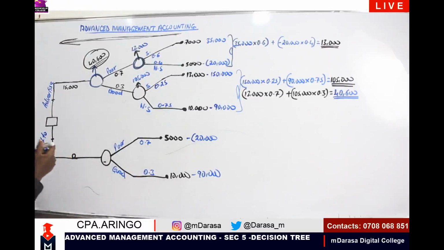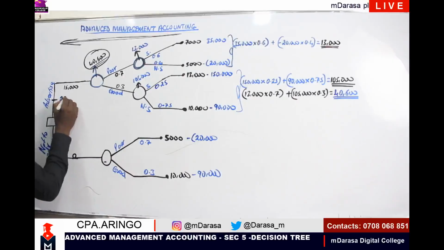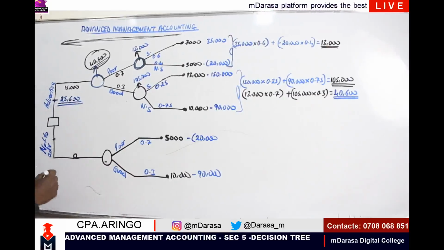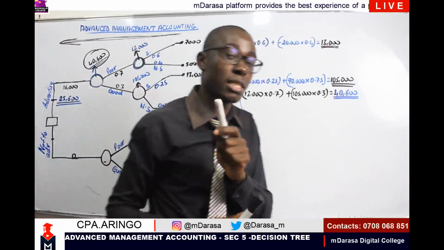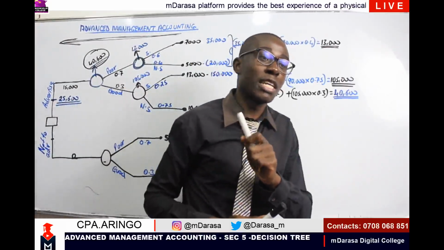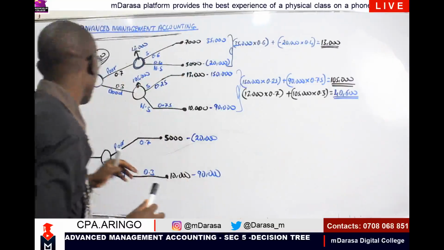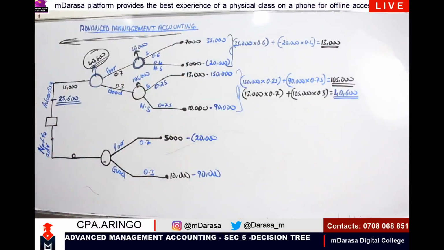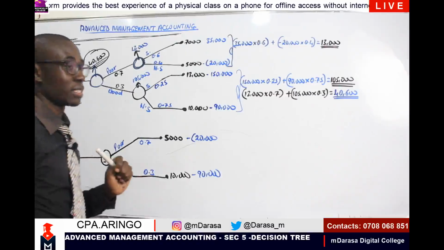So in the event that we've done our advertisement, the net revenue that we are going to earn out of this project will be 25,600.